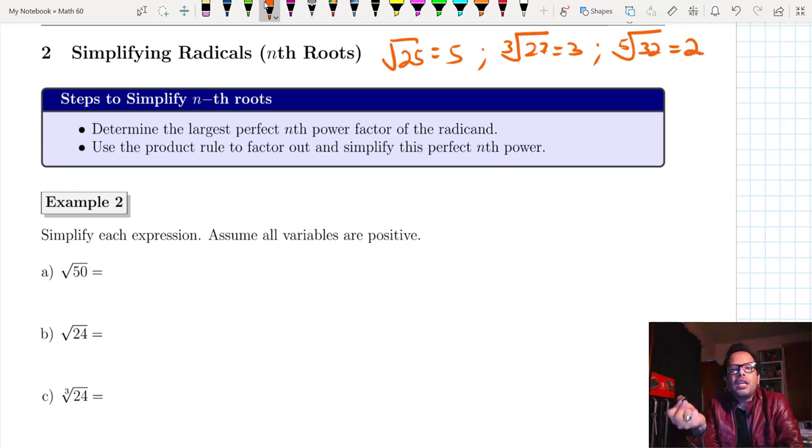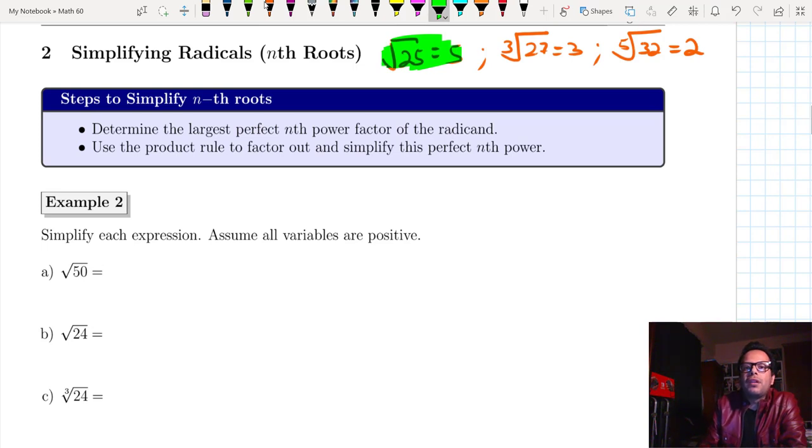We were looking at perfect nth powers, like in the first case, perfect square roots, perfect cube roots, and perfect fifth roots.